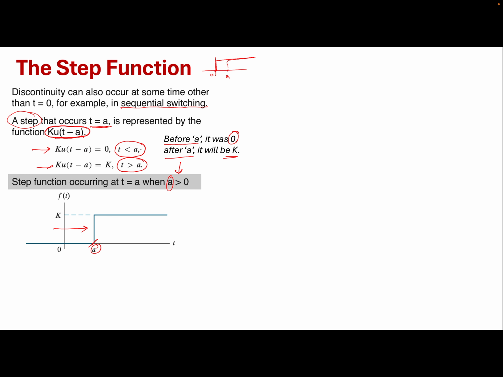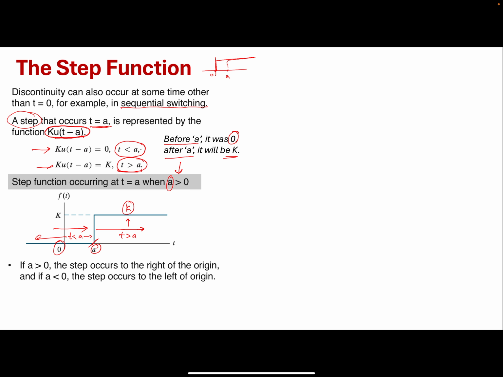And of course, after this time, when t is greater than a, so this is a, the answer will be k. And when t is less than a, all the way here to all the way here, the answer will be 0. So this is how we can model switching operation at some other time as well. We kind of talked about this.